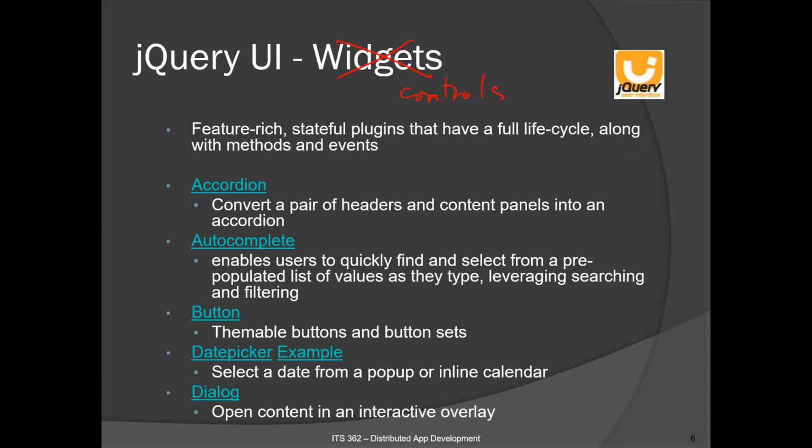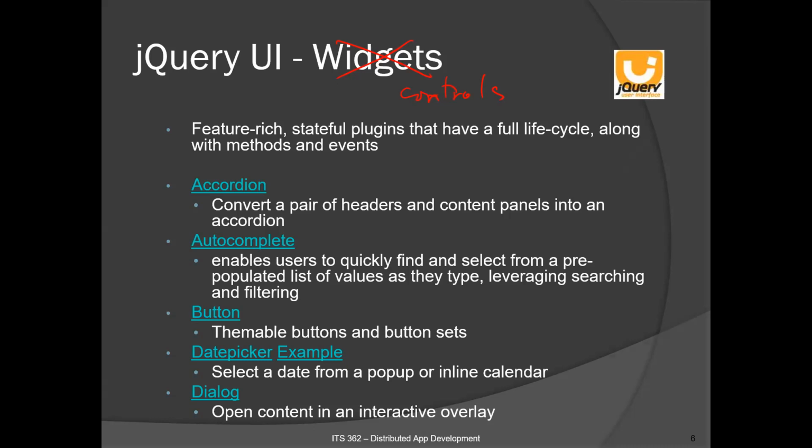So things like autocomplete: a text box that enables users to quickly find and select from a pre-populated list of values as they type. It's similar to the effect on Google. You go to the Google search bar, you start typing things, and you start seeing a lot of information. What Google does there is very powerful, but that's the same idea that we will do on a smaller scale.